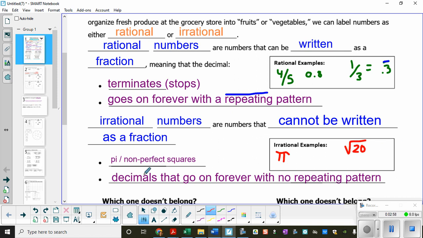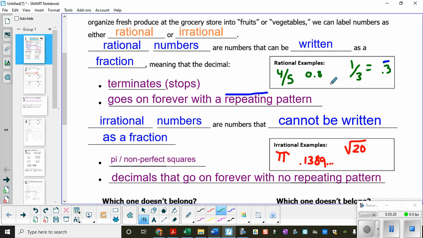I could also straight up write a decimal that does go on forever with no repeating pattern, like 0.1389, and then I put a dot, dot, dot. There's no repeating pattern. Nothing repeats for me to be able to put a line up above it, so I'm going to call it irrational.